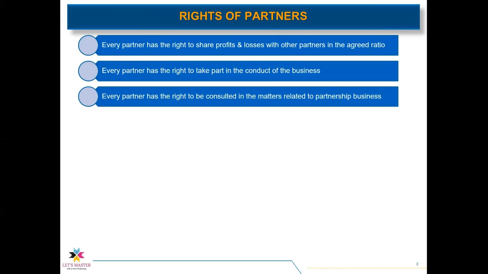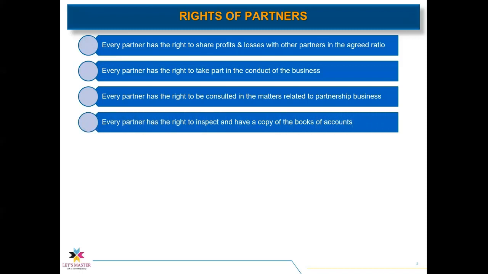Say, for example, if a partnership firm is running a restaurant and they were serving North Indian cuisines, and the partner who was managing the day-to-day matters of the restaurant has observed that their customers are asking for Chinese cuisines, then whether to introduce Chinese cuisines in the menu or not is a policy decision from the restaurant's standpoint. So all the partners must be consulted before adding Chinese cuisines to the menu of the restaurant.